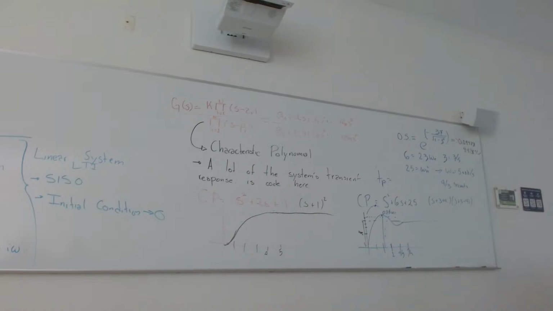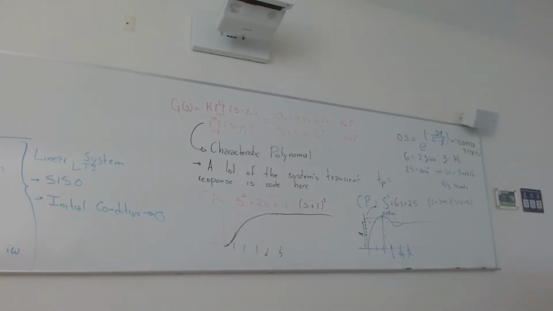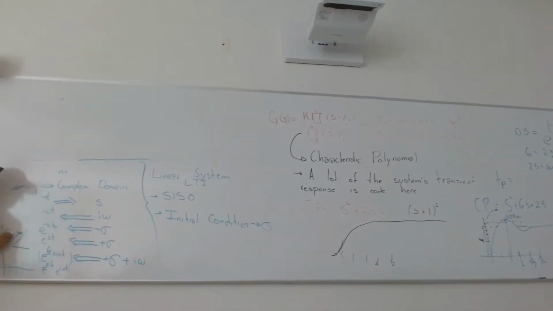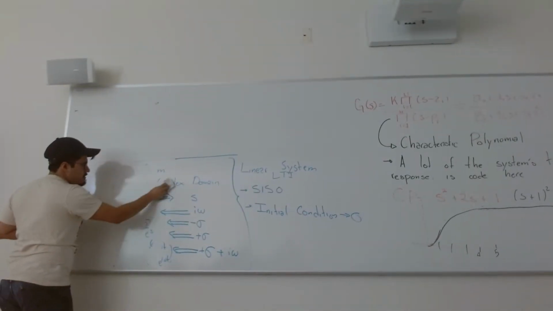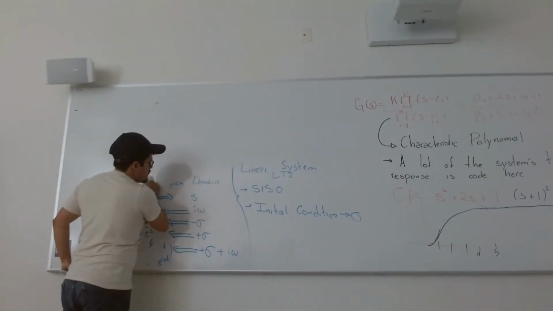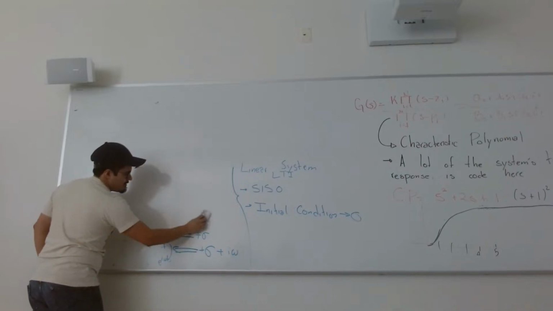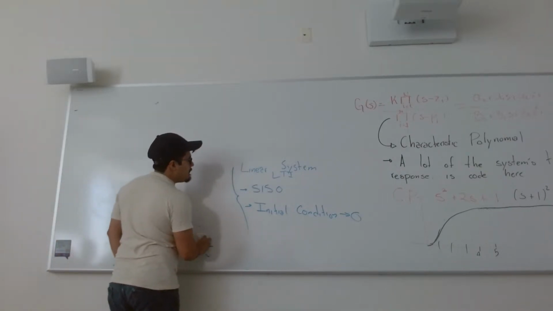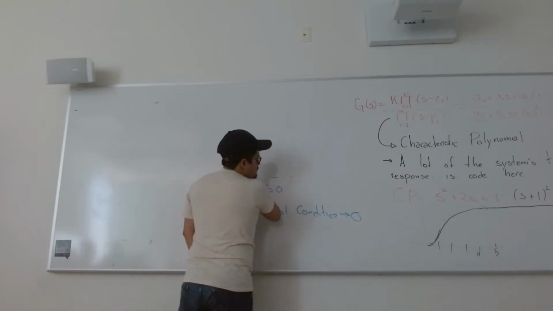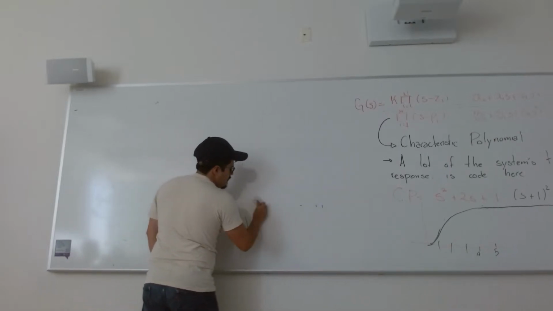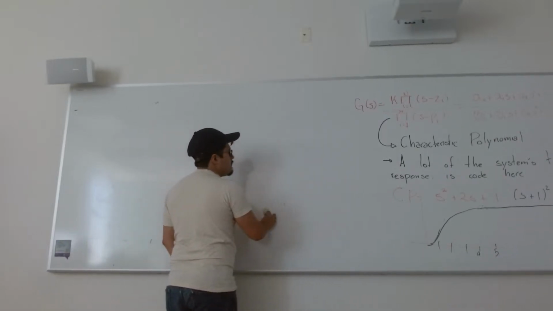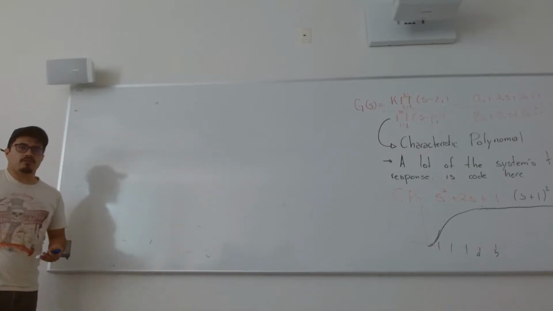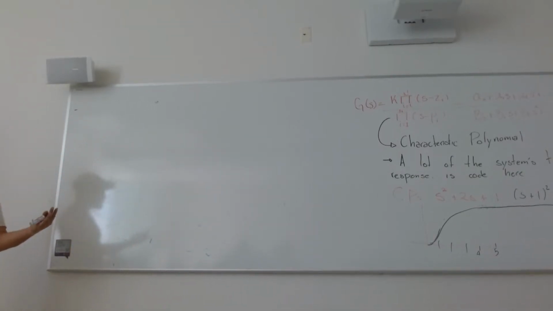Okay, so some guys studied, and this is also something you were supposed to see in your dynamic systems class, that I can have really complex systems, but at the end of the day, I only want to understand them as a first order system or a second order system.